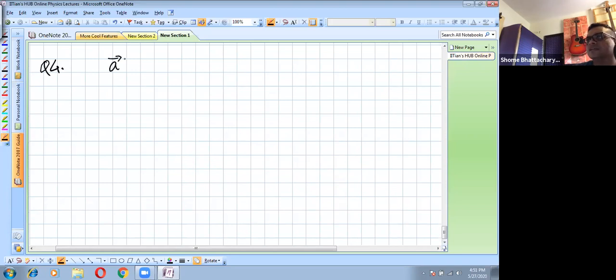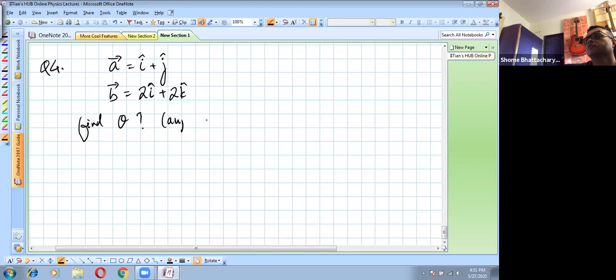So the vector A is i cap plus j cap, and the vector B is 2 i cap plus 2 k cap. So we want to find theta, that is the angle between A and B.